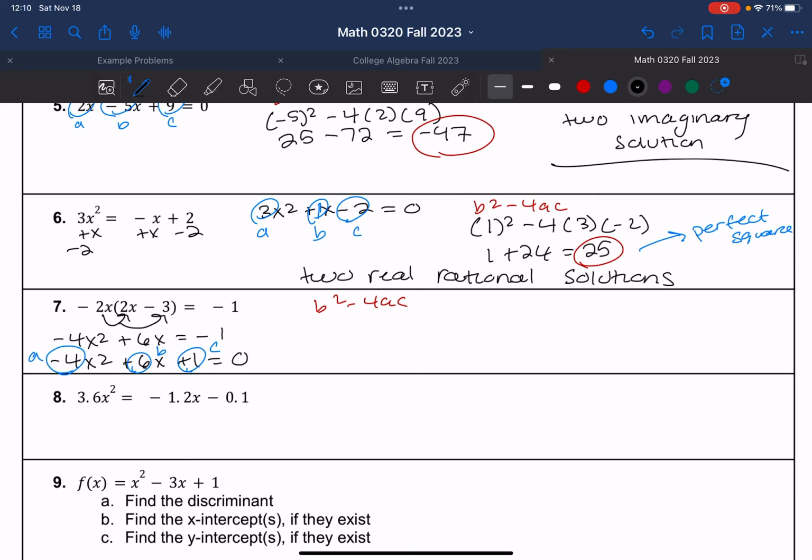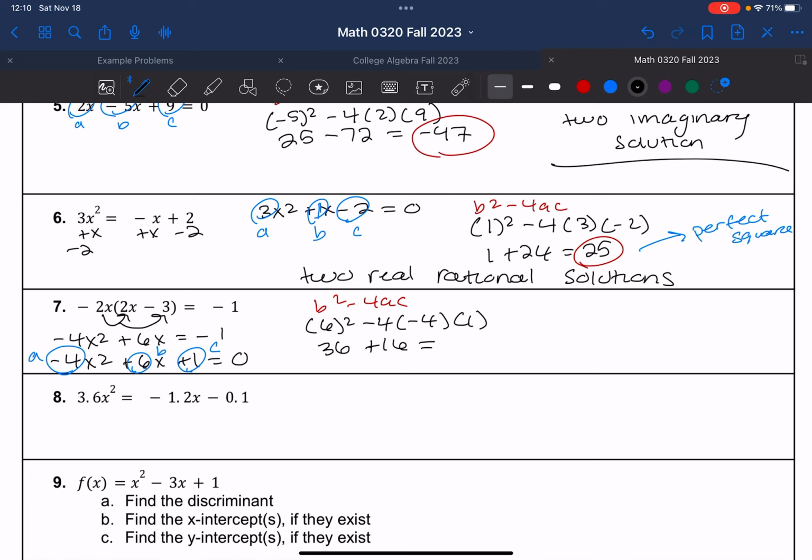So I have b squared, so 6 squared, minus 4 times a, which is negative 4, times c, which is 1. I get 36 from 6 squared, and then negative 4 times negative 4 times 1 is a positive 16.